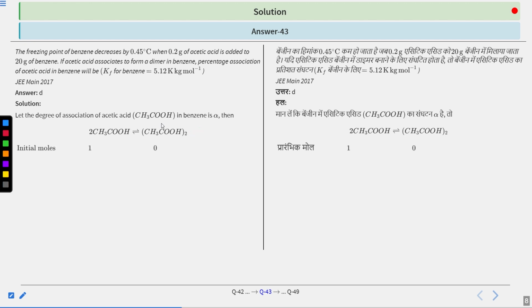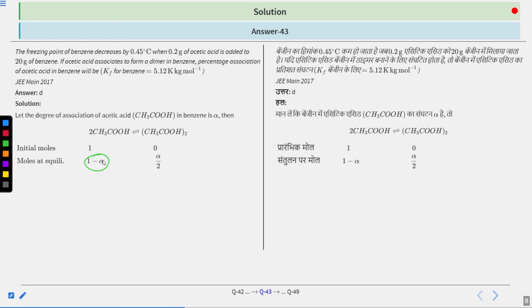If I consider that the initial mole of acetic acid is 1, and the initial mole of dimer is 0, then the moles at equilibrium of acetic acid will be 1 minus alpha. Alpha is simply the degree of association.